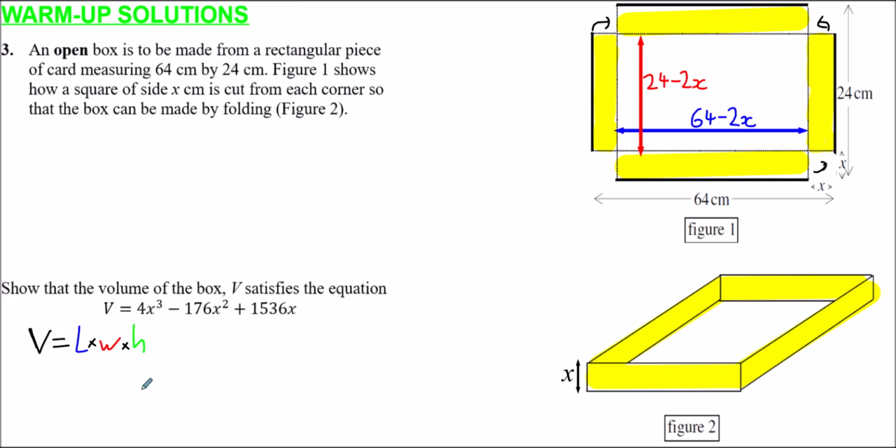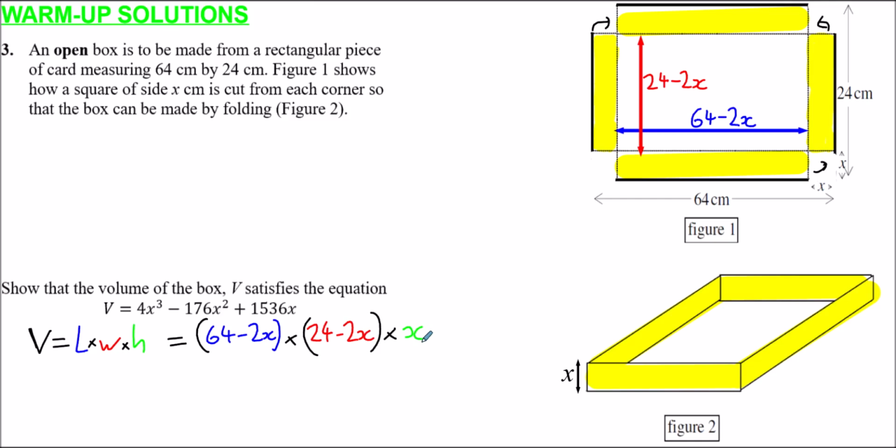So subbing these things in, the volume, length times width times height: the length is 64 minus 2x, the width is 24 minus 2x, and the height is just x.